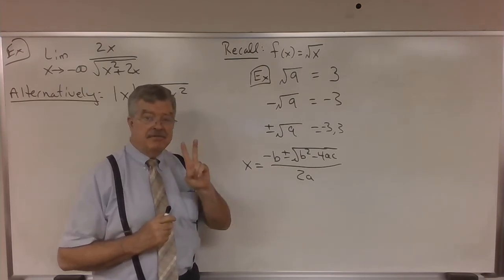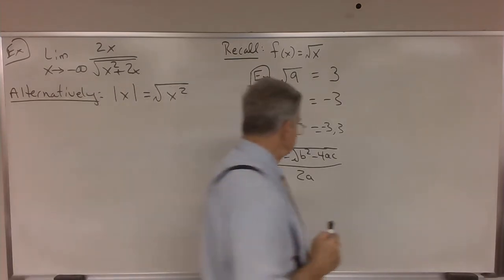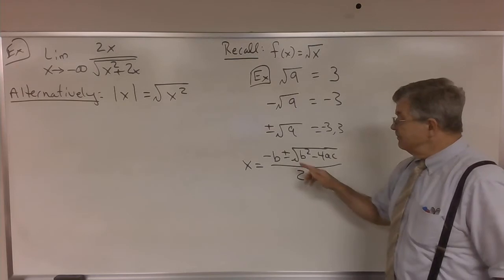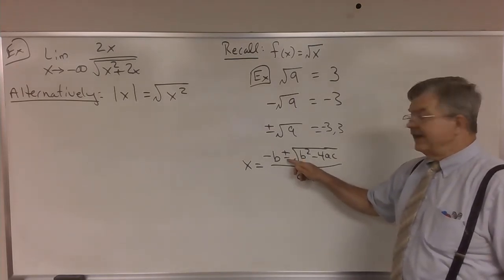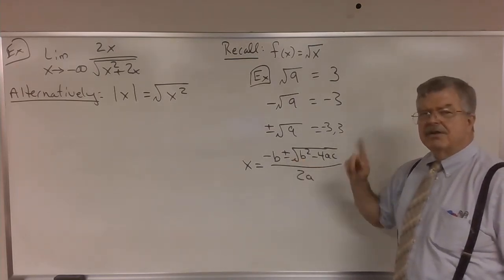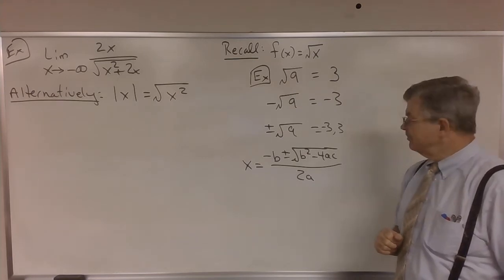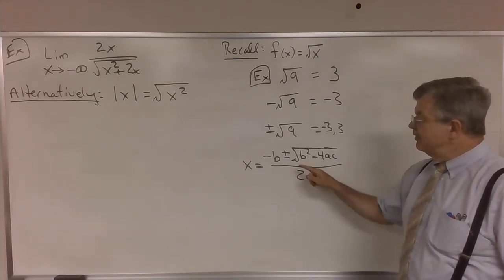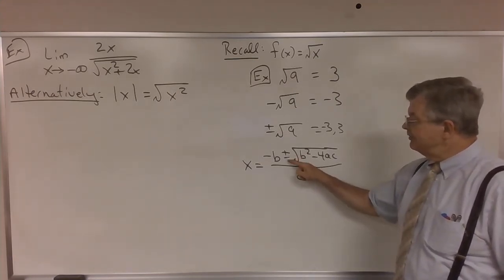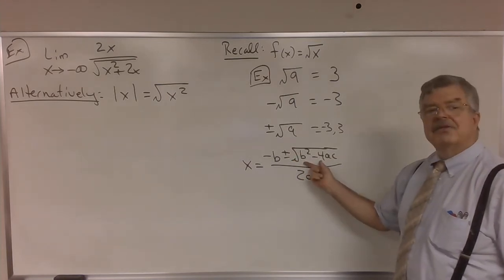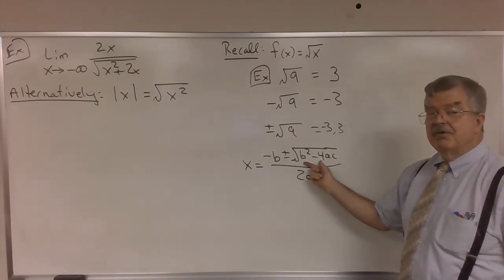And it should have two roots. But without having a plus and a minus here, we're only going to get one of those roots. If we want both of these roots, we have to have a plus and a minus here, so that this radical will give us both values.